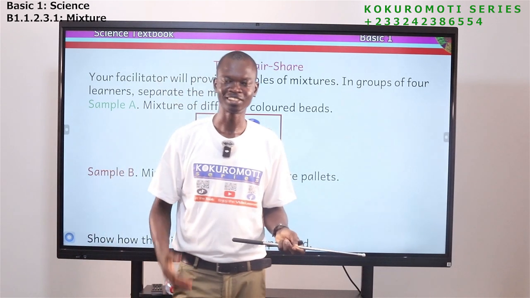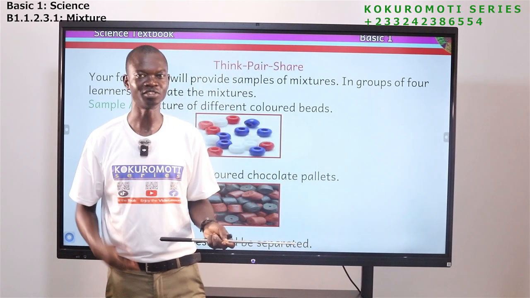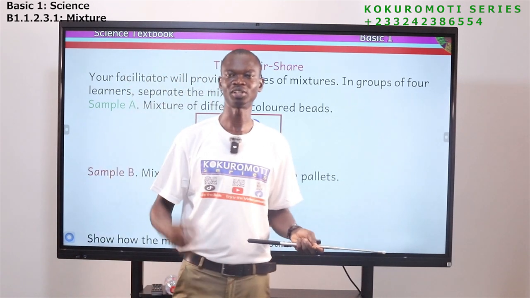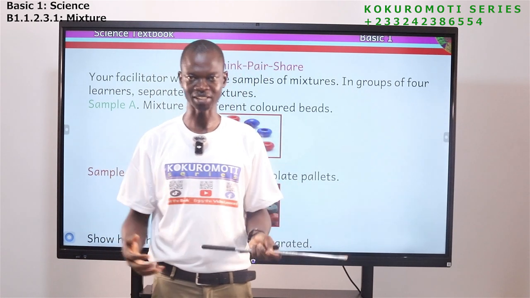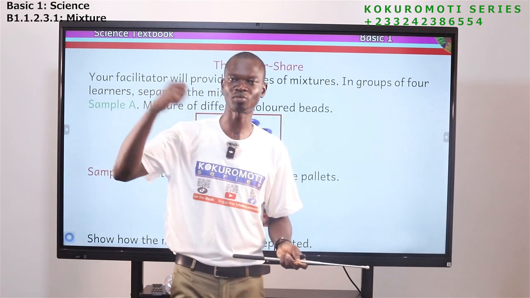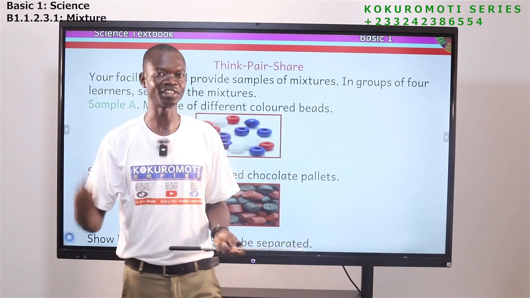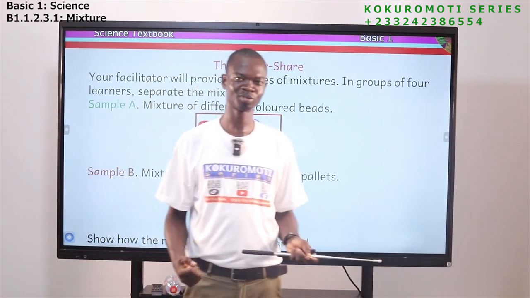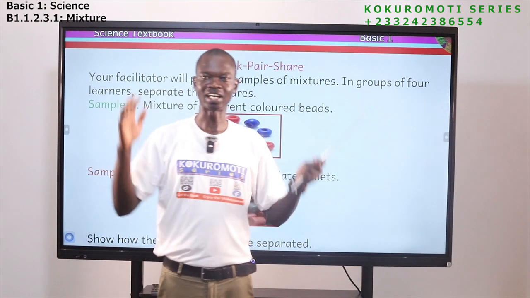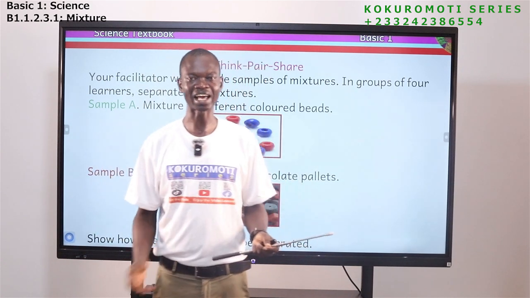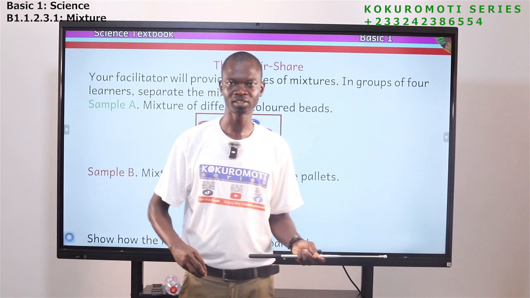Gari soakings, you need sugar, you need gari, you need water, you need Milo. You can add so many things to it, and that makes it a mixture. Do you get it? You can't just take water alone and call it Gari mixture. No. You cannot also take Gari alone and say Gari alone is a mixture, unless you add something to it.